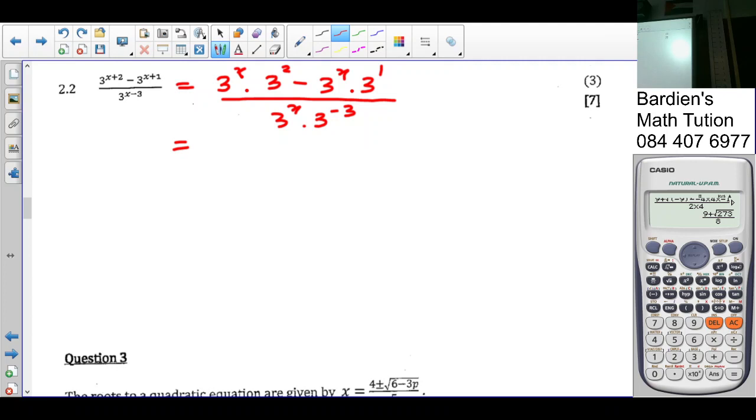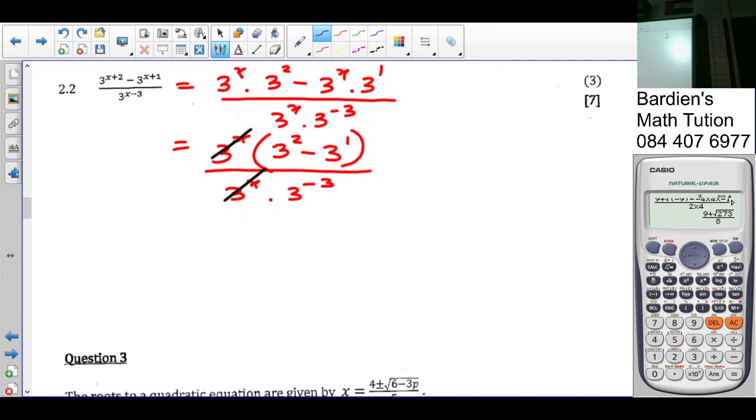So now what do we do? We're going to look for a common factor. The common factor, of course, is going to be 3 to the x into 3 squared minus 3 to the 1 over 3 to the x times 3 to the negative 3. What can happen now? 3 to the x cancels.